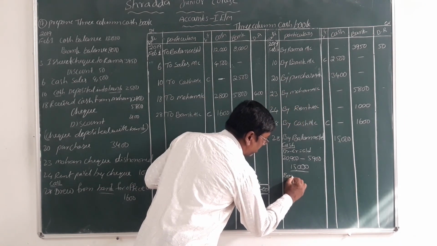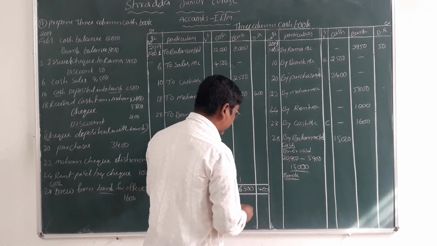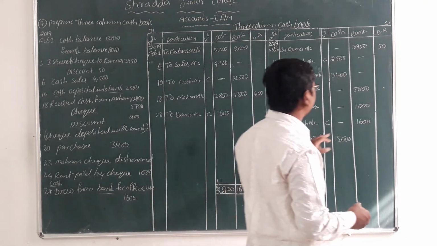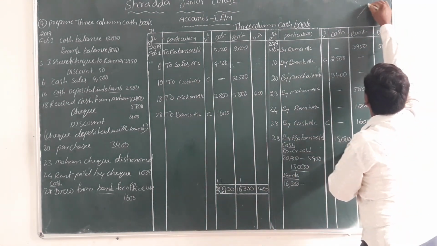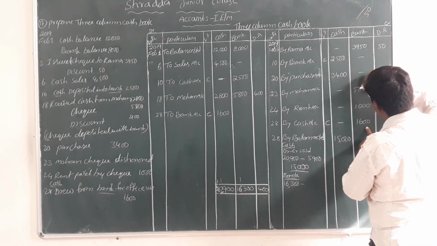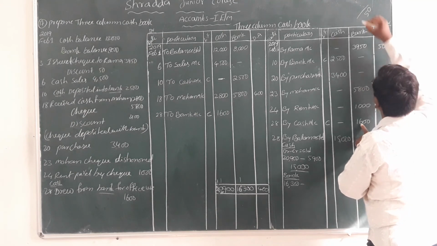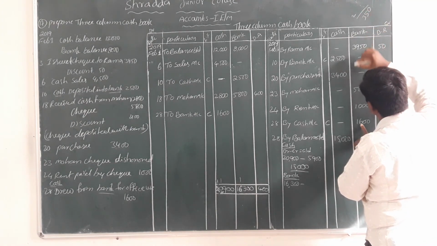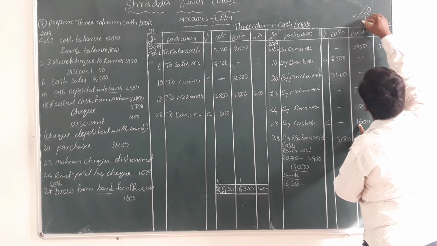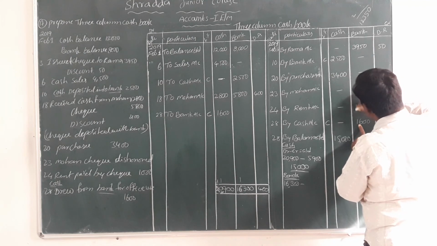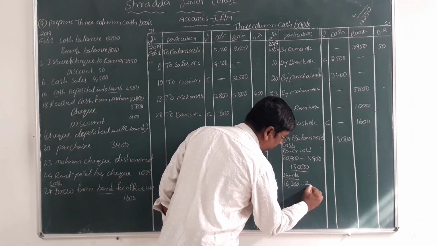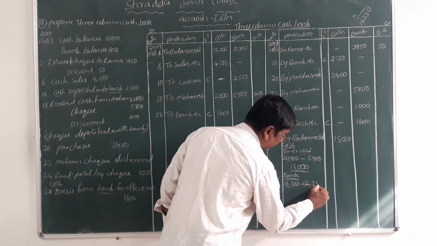Now what do we want? Bank. Let us write down bank. What is the debit amount of bank? 16,300 minus the total, which we do in rough: 5, 9, 8, 17, 17 plus 6 is 23. Okay, 3, 5, 8, 9, 10, 10 plus 2 is 12. 12,350.